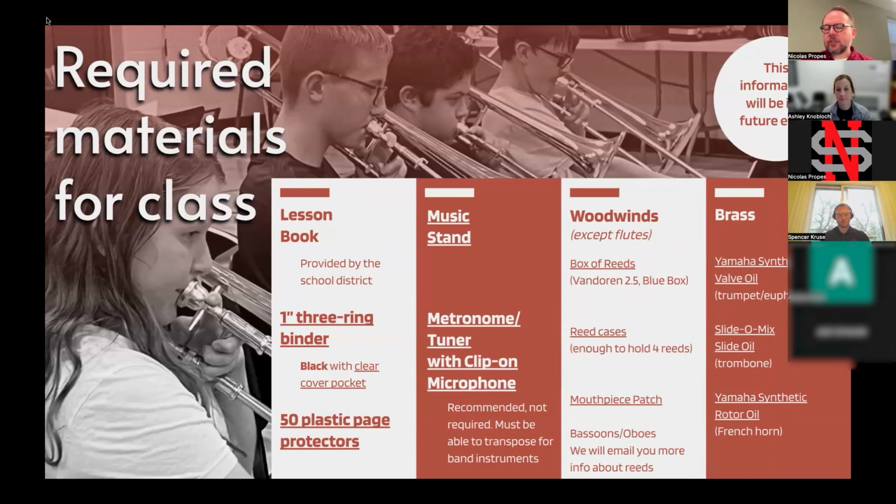In addition to an instrument, students will need a handful of things for class. They need a lesson book, but the lesson book is provided by the school district. So they will get that. They will use it daily, but we provide that for them. They will also need a 1-inch 3-ring binder, black, please, so that we all look the same on stage, with clear pocket covers.